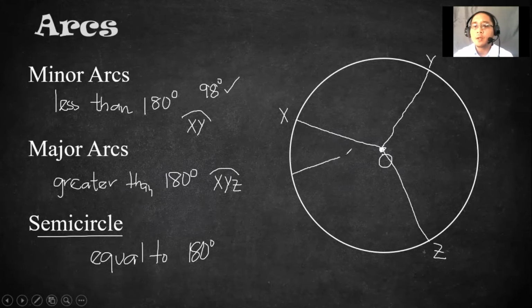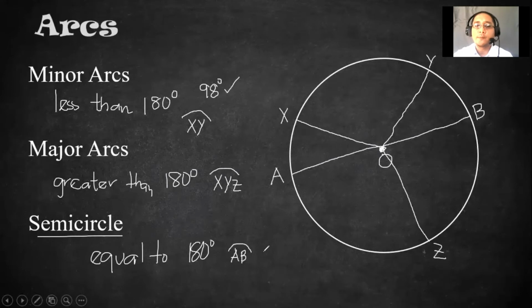If you place a diameter in a circle, direct to the point, the item will be called a semicircle, represented by an arc. If these points here are named as point A and point B, the item would be equivalent to arc AB. You can also use three points for the semicircle, arc AXB.